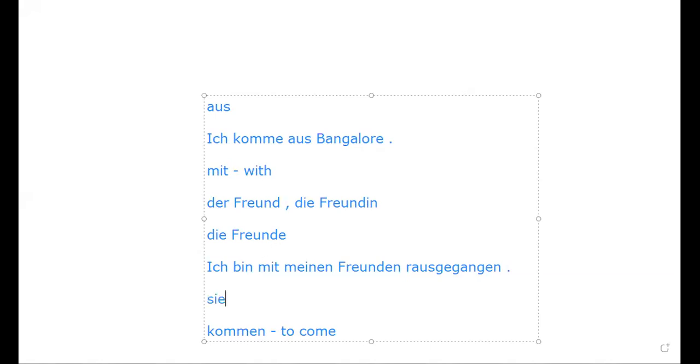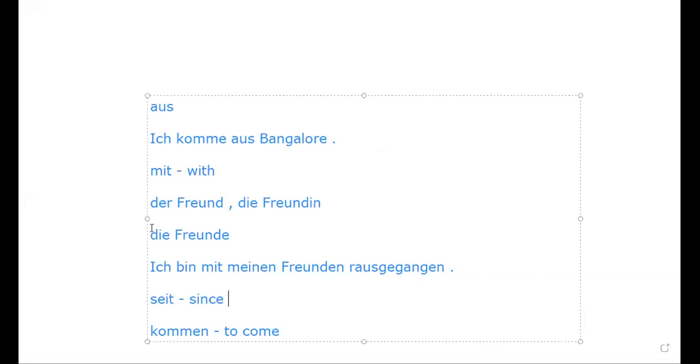Now we are going to see seit. Seit means nothing but since. Today you can get the overall idea about this, because within 60 minutes, all the article changes and all the cases are very difficult to understand, but you can get the overall idea.